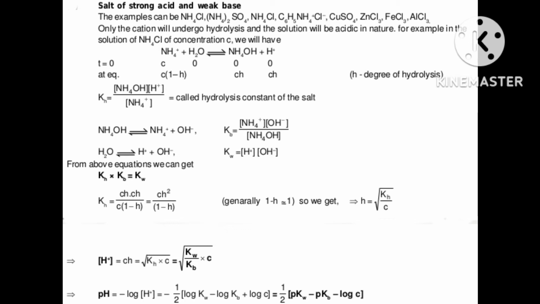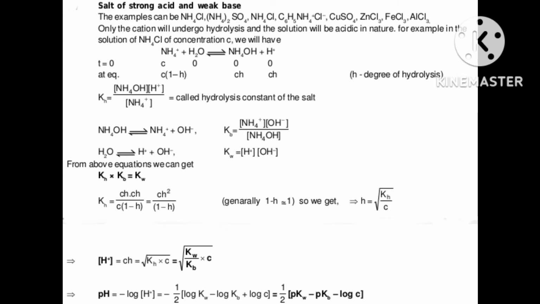The ionization of NH3 in water: first you write NH3 plus H2O, which gives NH4 plus, the ammonium ion, plus the hydroxyl ion. This is the reaction in water.